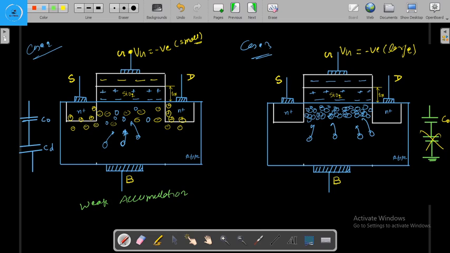Weak accumulation, okay? When we apply a very large negative voltage at the gate, then a large number of holes are present here, and only holes are present between the source and the drain, no immobile ions are present, and this is called the strong accumulation region.